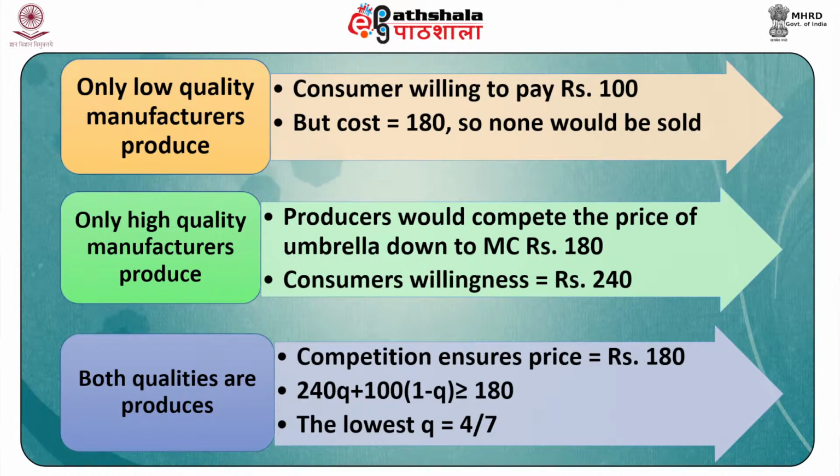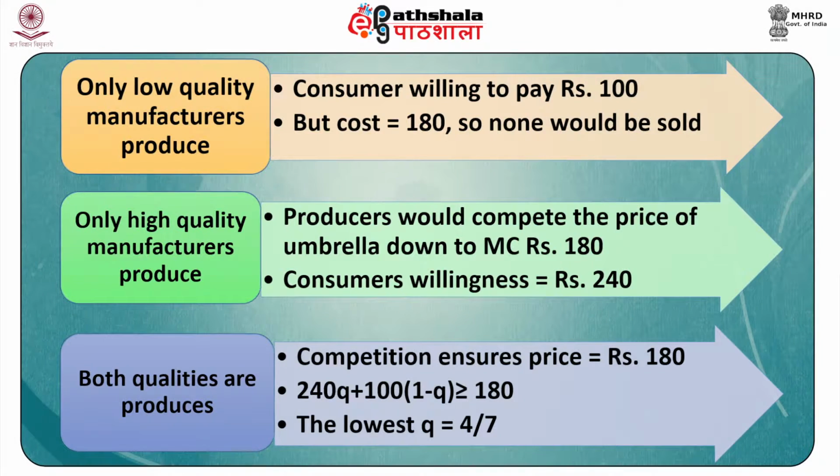In that case, the producers would compete the price of an umbrella down to marginal cost, that is rupees 180. The consumers are willing to pay rupees 240 for an umbrella, so they would get some consumer surplus in this case. Third case is where both qualities are produced.